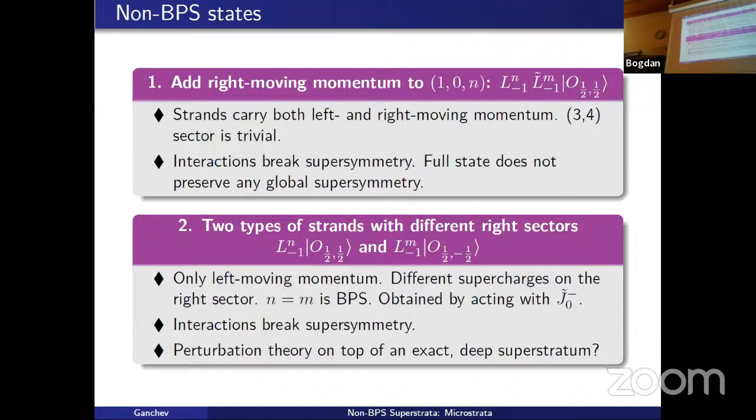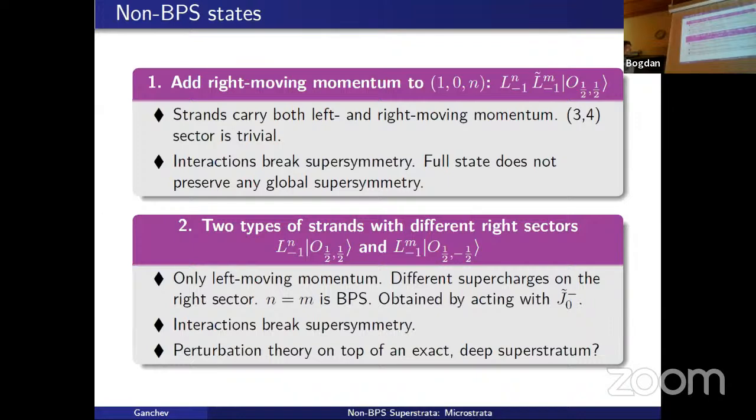I just want to say that for n equal to m, you get a BPS state, because this thing is basically a rotation by J0 minus Guido on this state. But for n different from m, you get a non-BPS state.